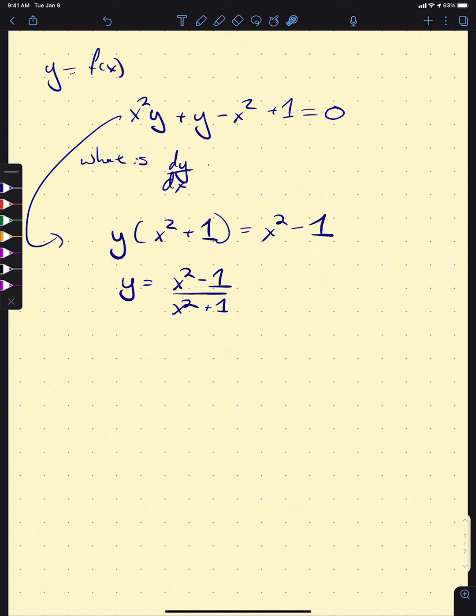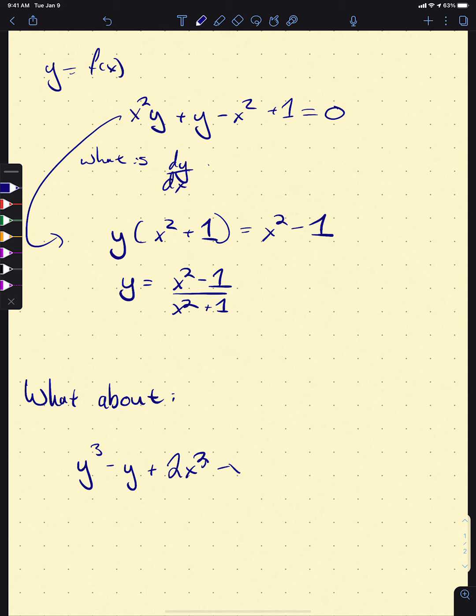But what happens when we look at something a little bit more complicated? Say y cubed minus y plus 2x cubed minus x equals 8. Something like this. Now, if you placed a bunch of restrictions on the values x and y could take, you could absolutely, theoretically at least, write this as y equals some function of x.